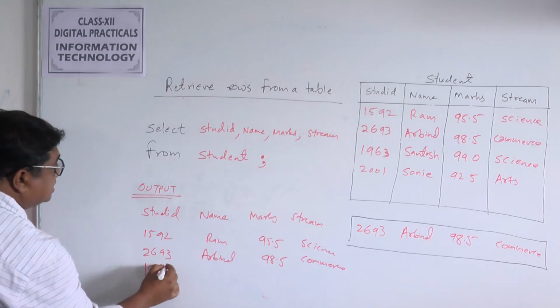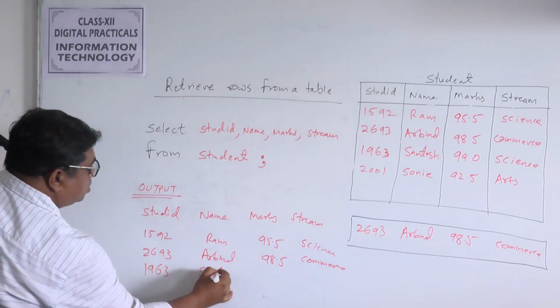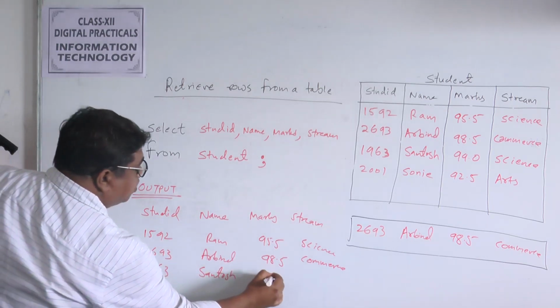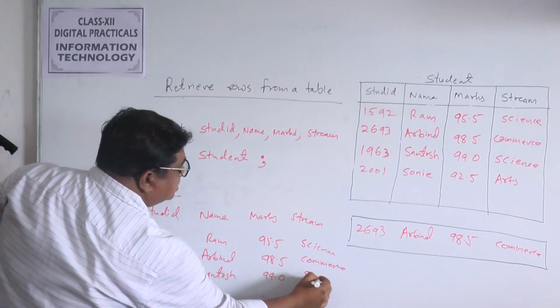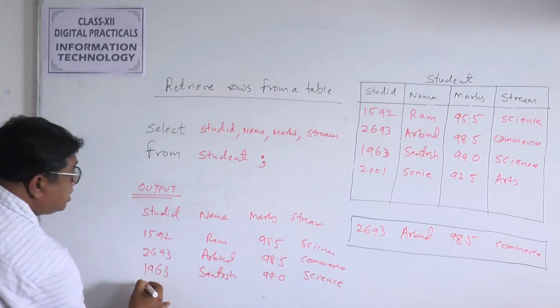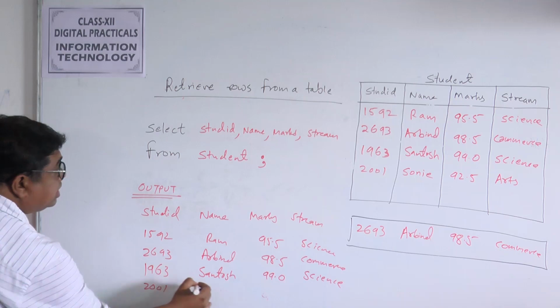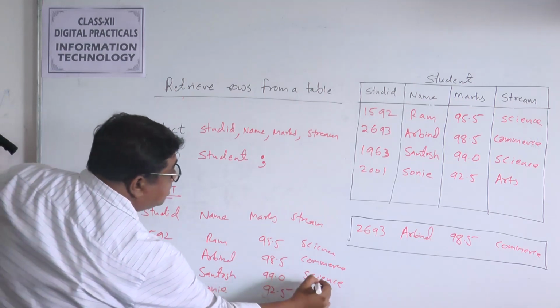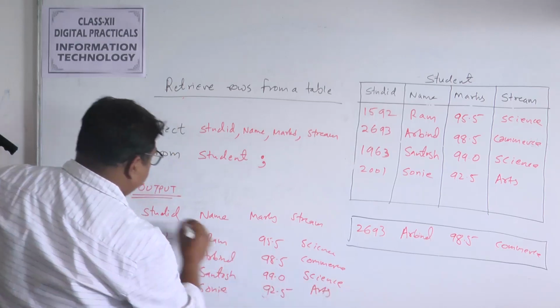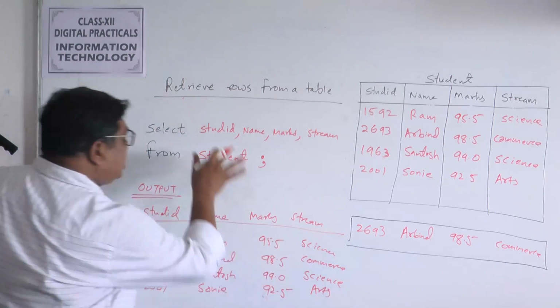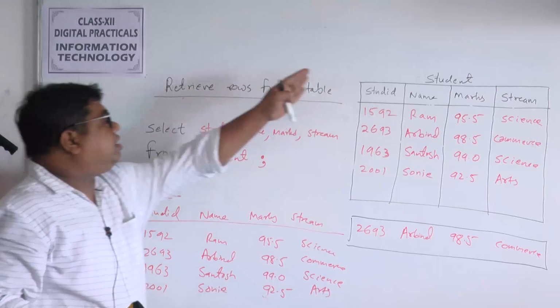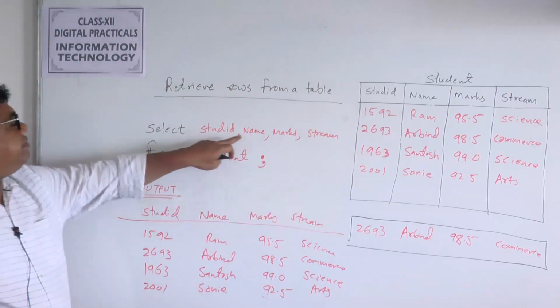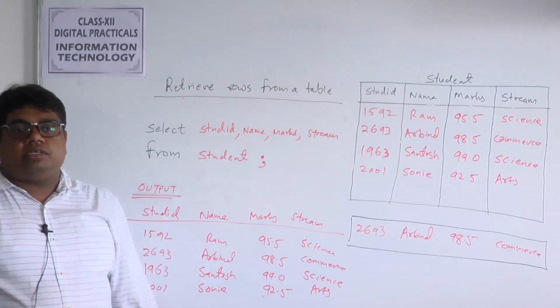Then 1963, Santosh, 99.0 and science. And again 2001, Sony, 92.5, arts. So it will display all the information of the table because we have given the 4 column names.